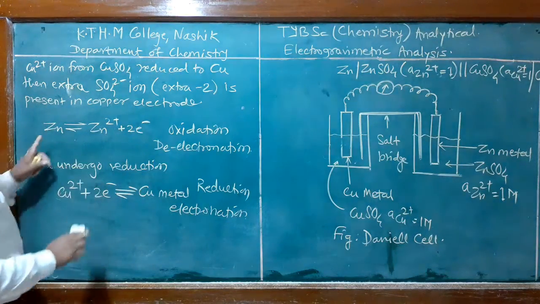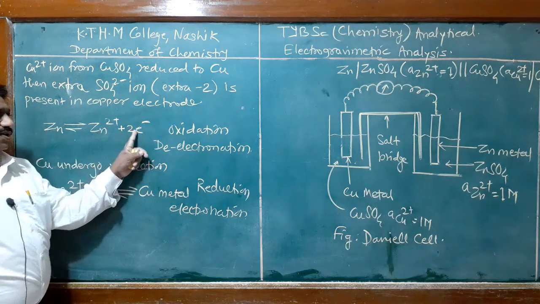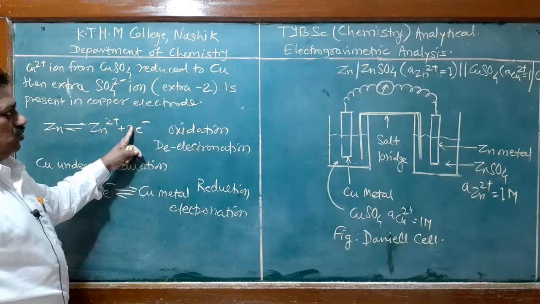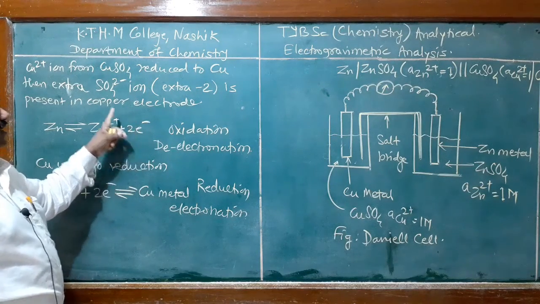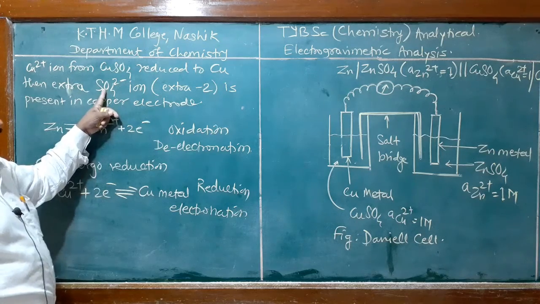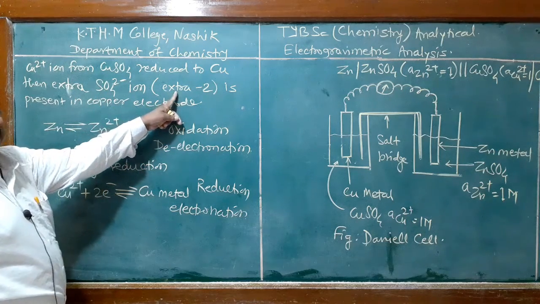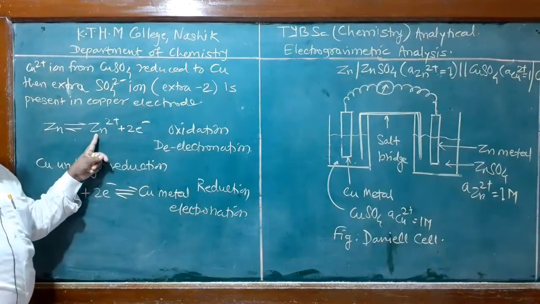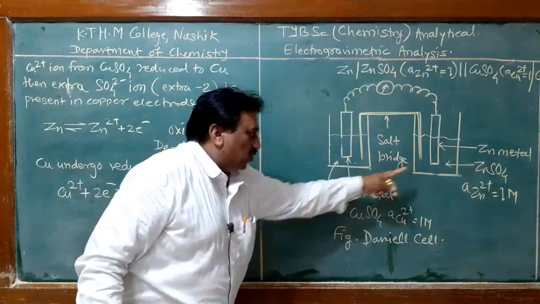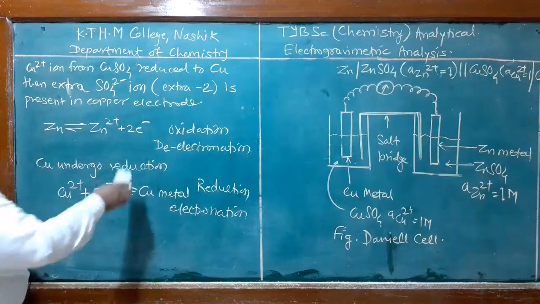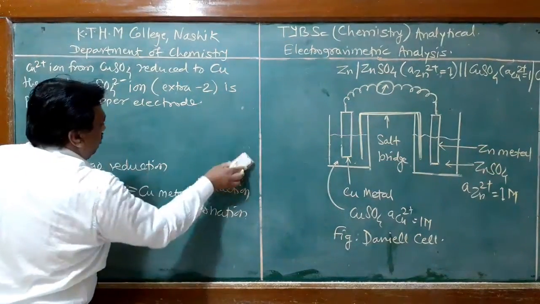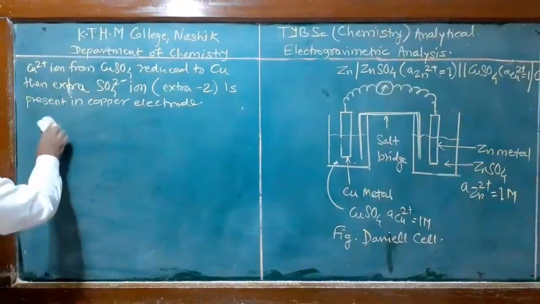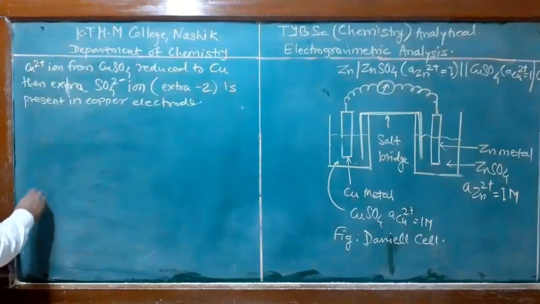Here, as zinc is oxidized, 2 electrons are supplied to the copper electrode, and sulfate ions are more in the copper electrode, and therefore extra -2 charge is more in the copper electrode, and zinc ions are generated in the zinc electrode. Therefore, extra +2 charge is acquired by this zinc electrode.